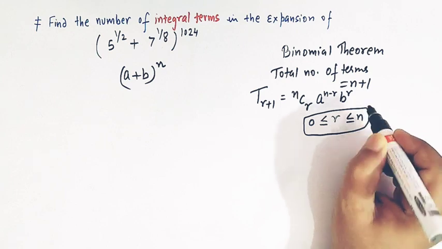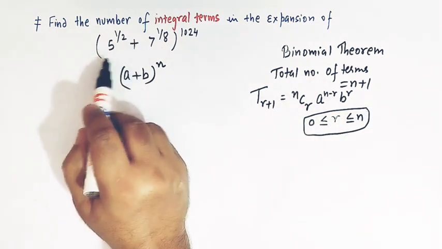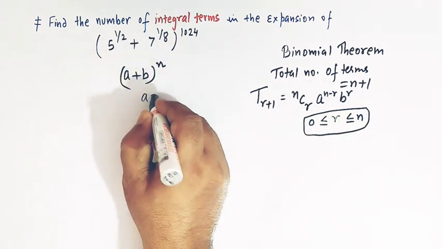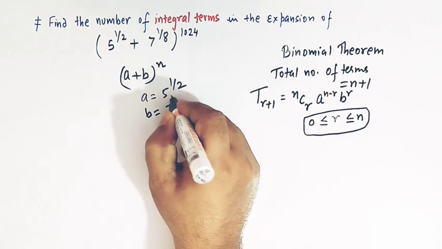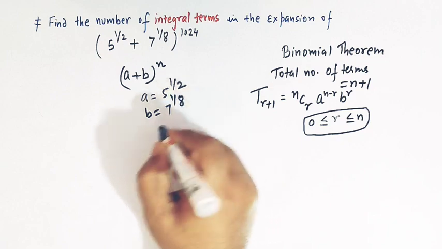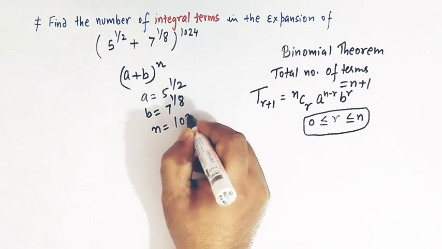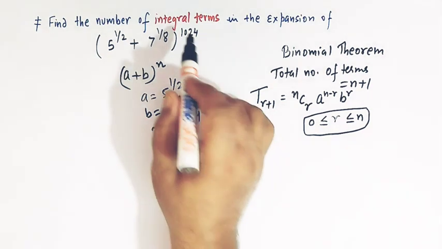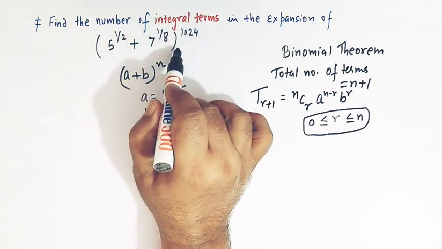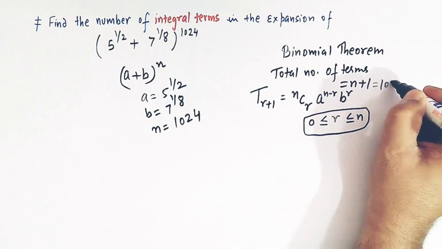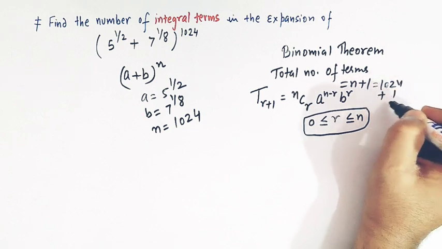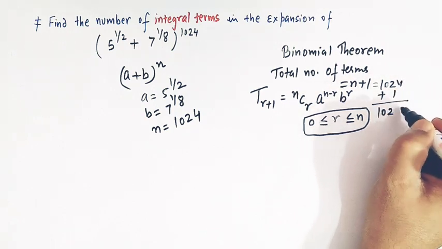Now in the given problem, a is 5 raised to half, b is 7 raised to 1 over 8, and n is 1024. If we expand this binomial, the total number of terms would be 1024 plus 1, that is 1025.